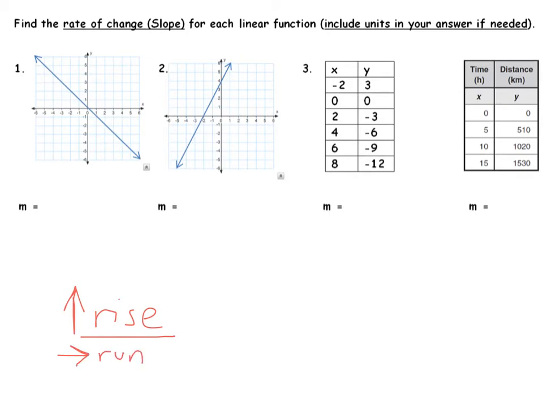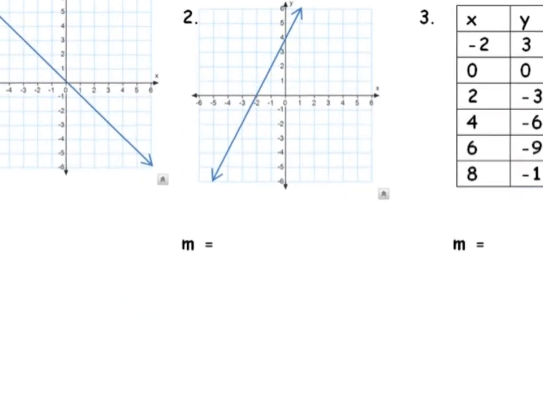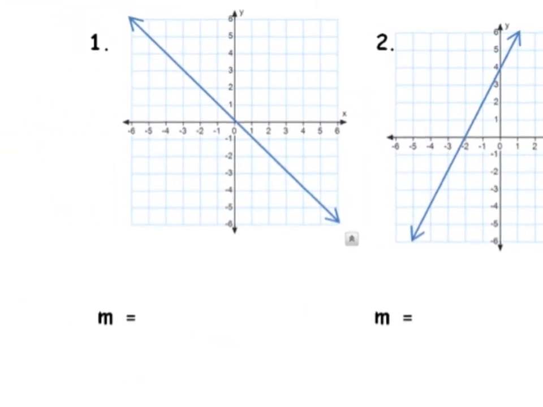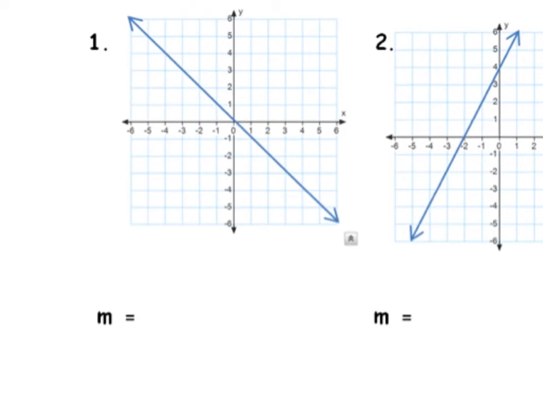You have to do rise over run. So let's pick 2 points on this first graph and figure out the slope. I'm going to pick this one right here because it's at the corners of these lines. And I'm going to pick the origin because it's zeros and I like zeros.